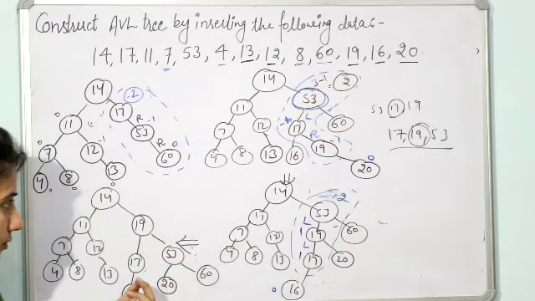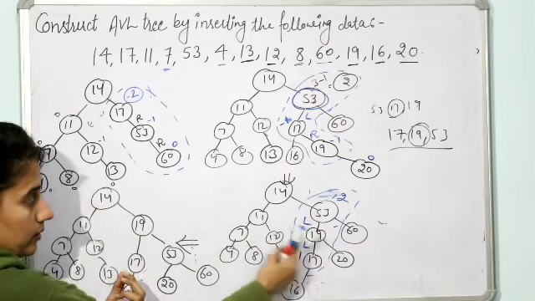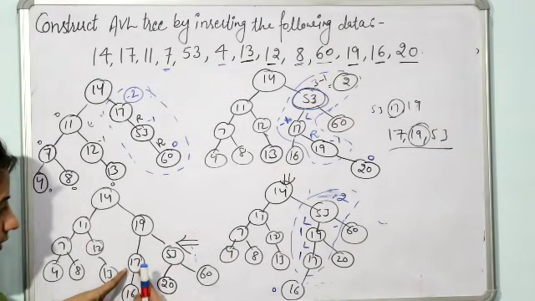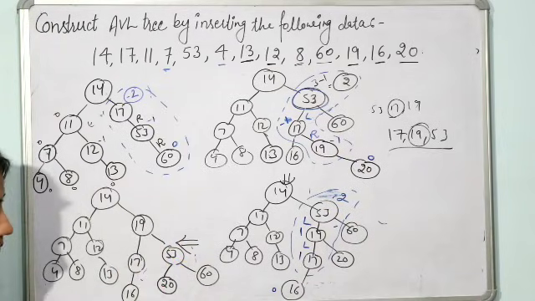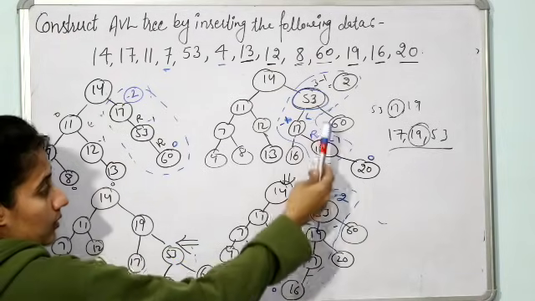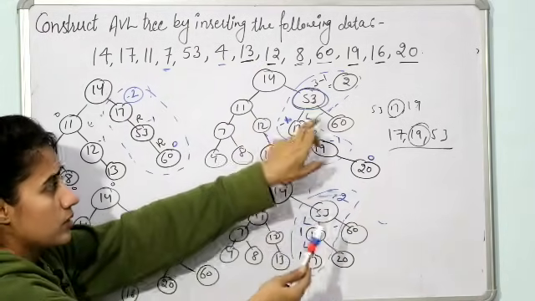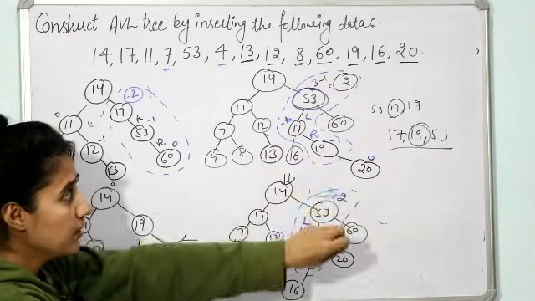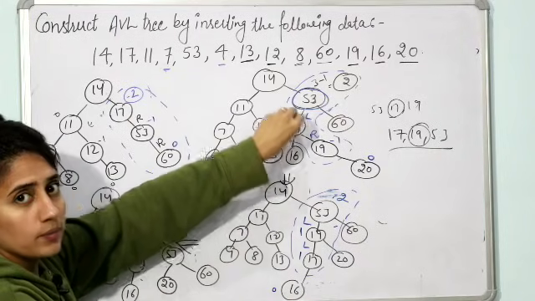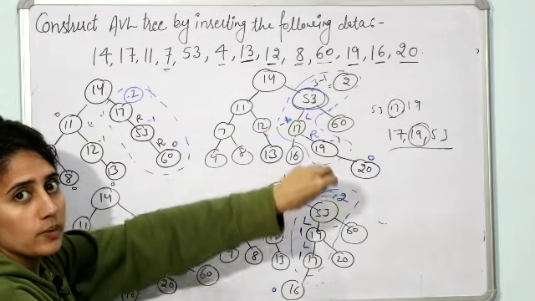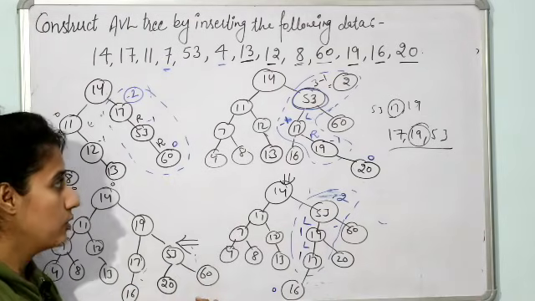We have done the same thing. 19 is the root, and 17 and 53 are the children of this 19. Fine. If you don't go through this long procedure of left right, meaning 2 rotations, first left rotation then right rotation, then simply find out the median element, and the median element would become the root and the remaining 2 elements would become the left and right child of that node.